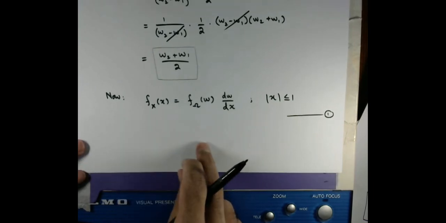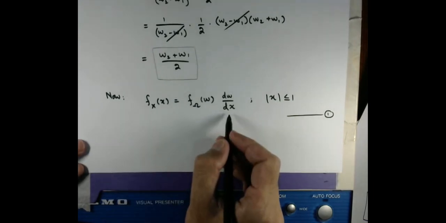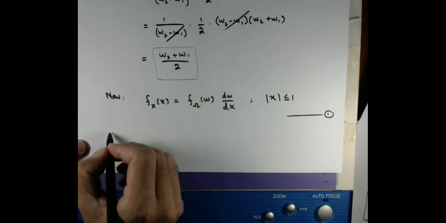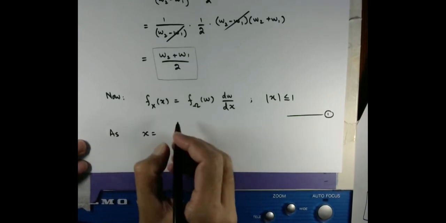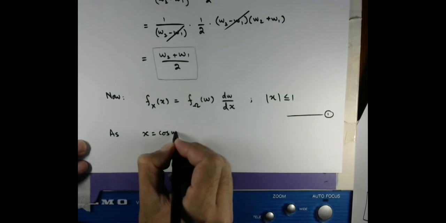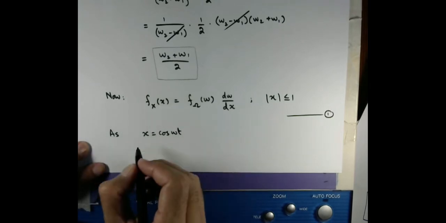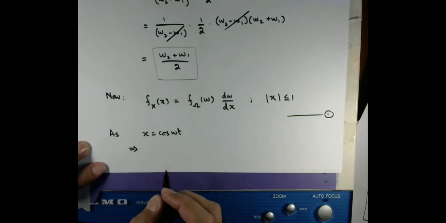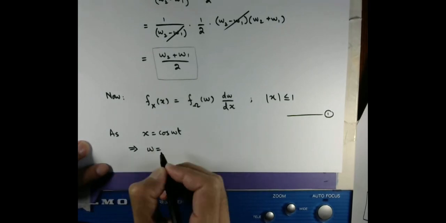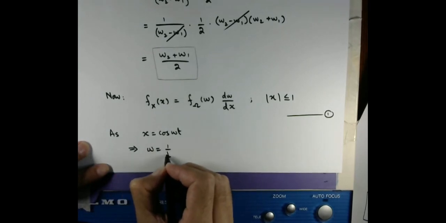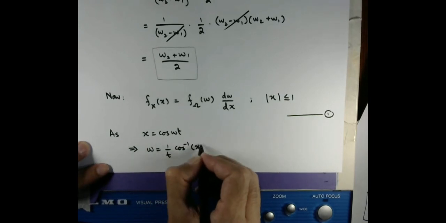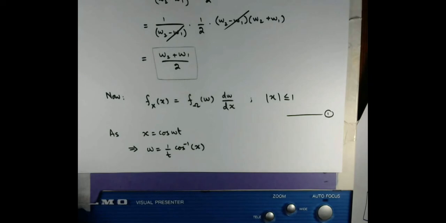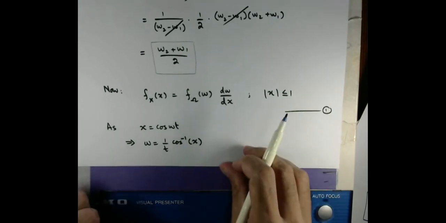To find this, first please note that as x is equal to cos omega t, so omega is equal to 1 over t times cos inverse of x. Okay, and this is simple.